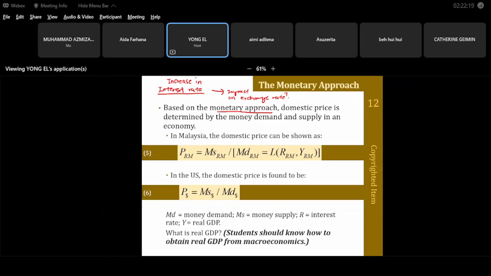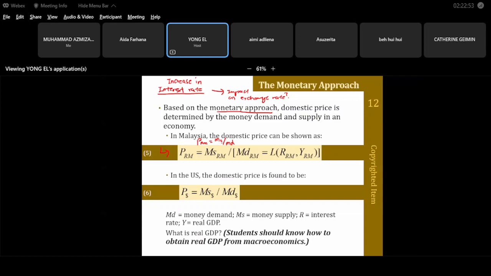If you look at these equations, the price in Malaysia is equal to the ratio of money supply to money demand. Let me just write here once again. This is PRM equals money supply over money demand. This is a more simplified way to look at this ratio.